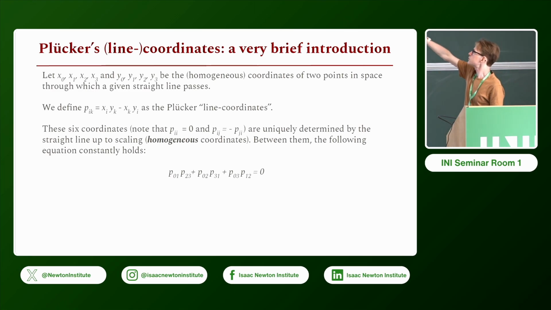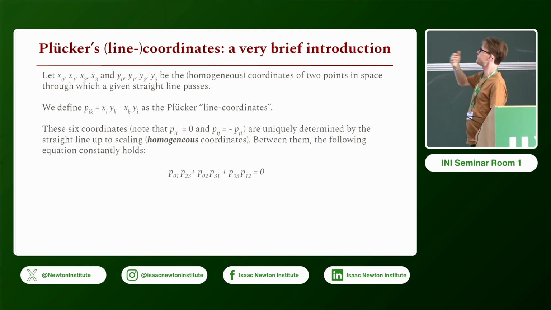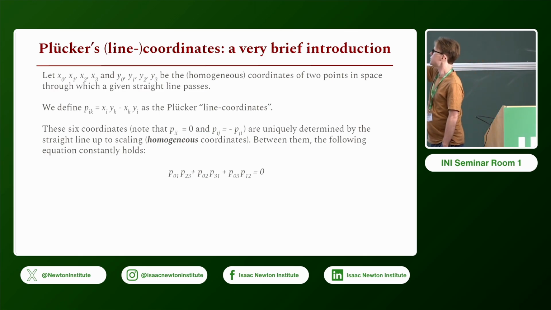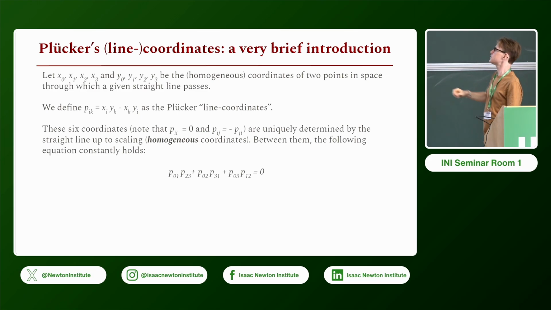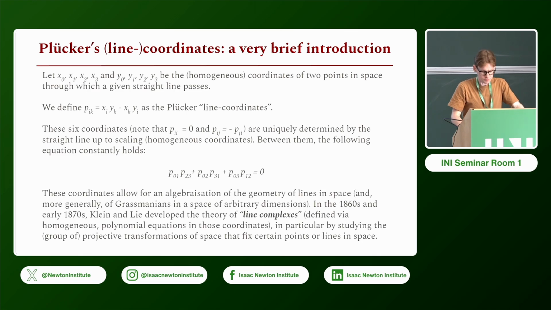So you have 6 such cross products, but first of all, they define the same straight line up to scaling, so that leaves only 5 independent coordinates. And on top of that, you can easily check that you have this equation that is always true. So that removes another degree of freedom, so you end up with 4 degrees of freedom, what you expected. So you have essentially 4 independent coefficients that characterize each straight line in space.